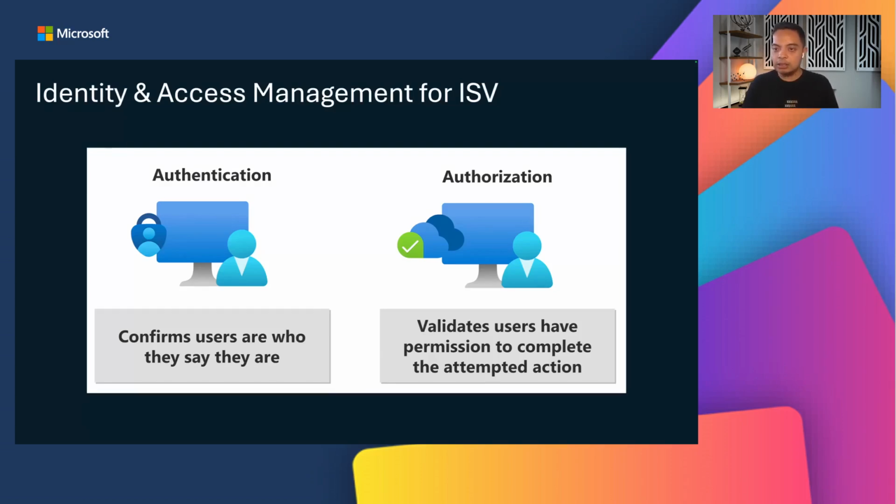So identity plays a critical role in both parts. It's basically around authentication and authorization. Authentication being confirming that users are who they say they are, and authorization, validating that users have the permission to complete certain actions.